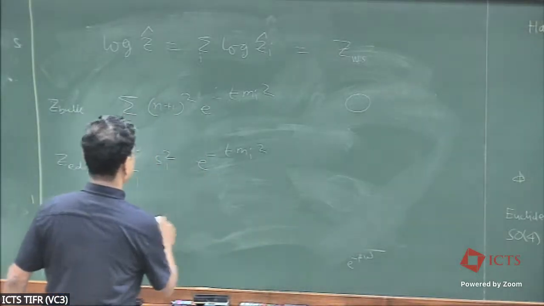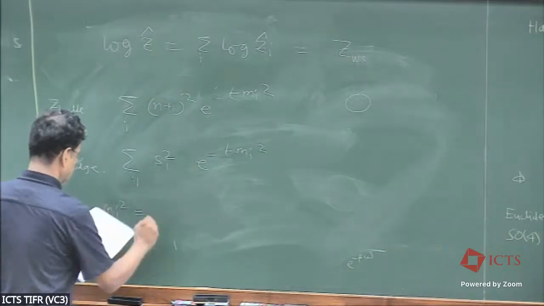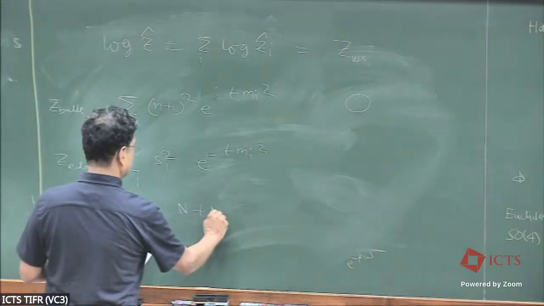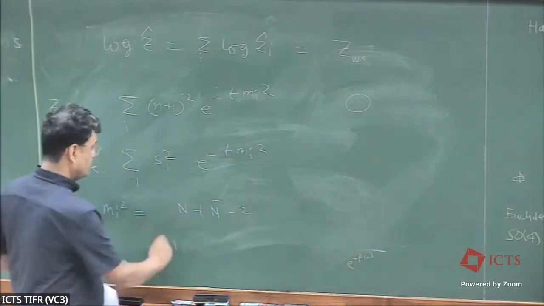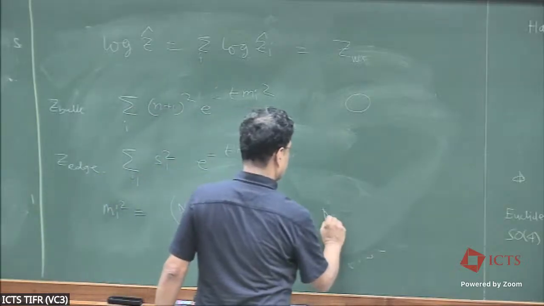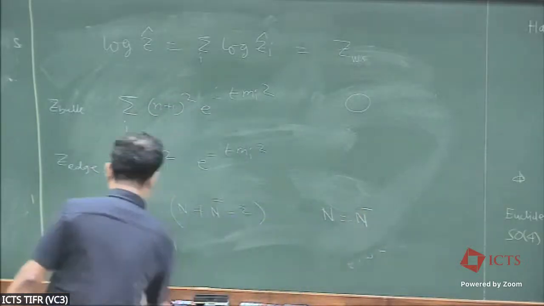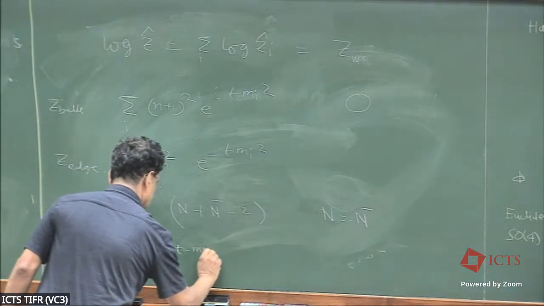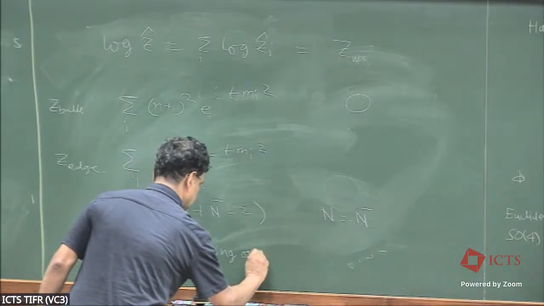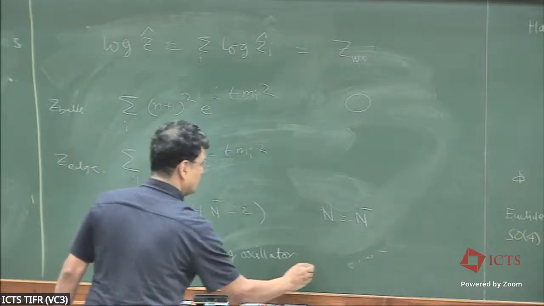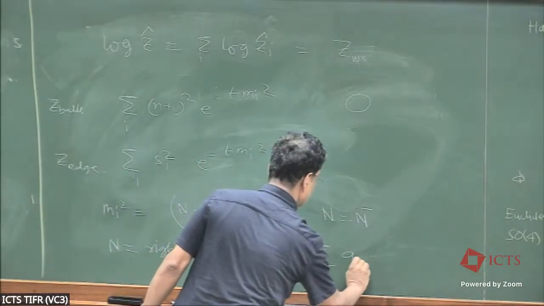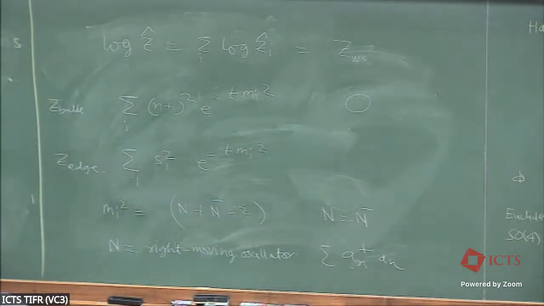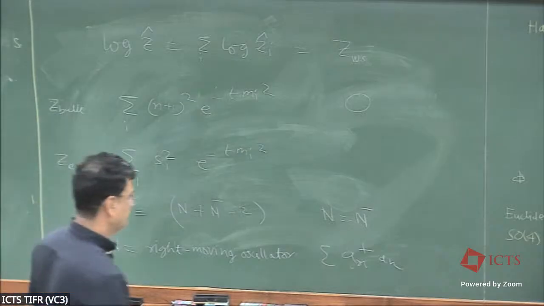So basically, you use the on-shell condition, the mass shell condition, that m_i squared is equal to n plus n bar minus 2, whatever, with the constraint that n is equal to n bar, where n and n bar are right and left moving oscillators. So it's basically all the modes of the string, a_n dagger a_n, or alpha_n dagger alpha_n.